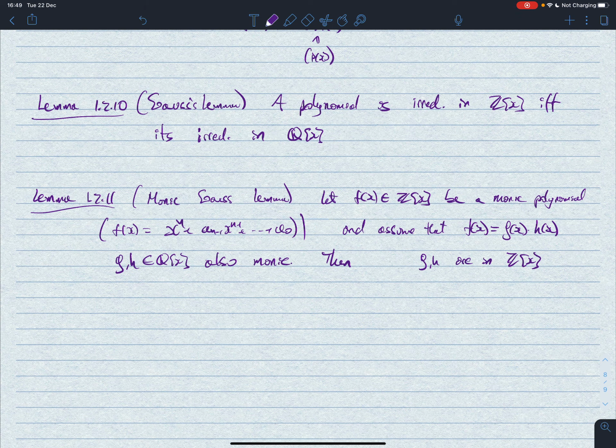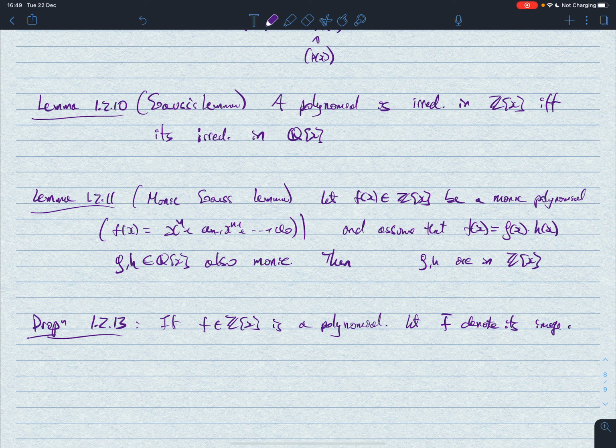So here's the first way to check that polynomials are irreducible. Proposition 1.2.13. If f in Z[x] is a polynomial, I'm going to let f bar denote its image in F_p[x].